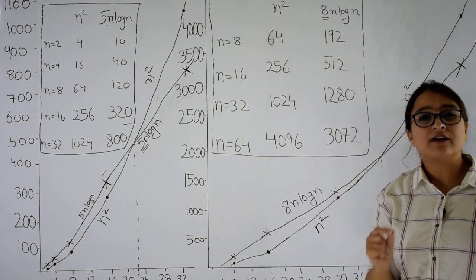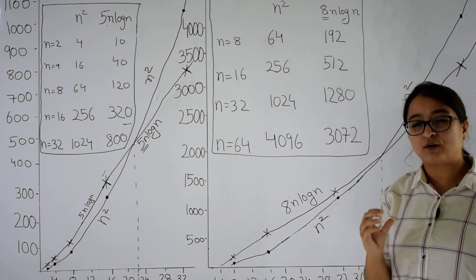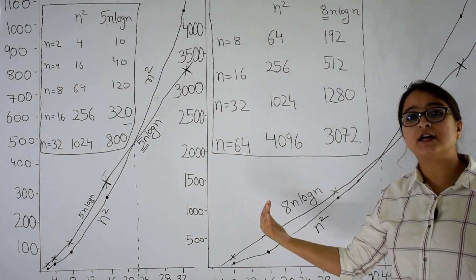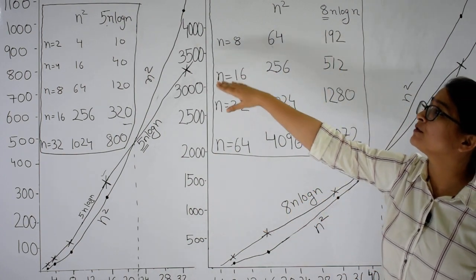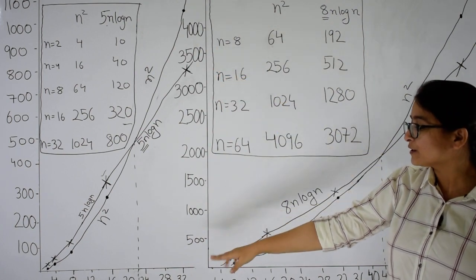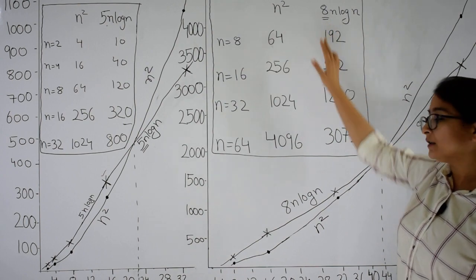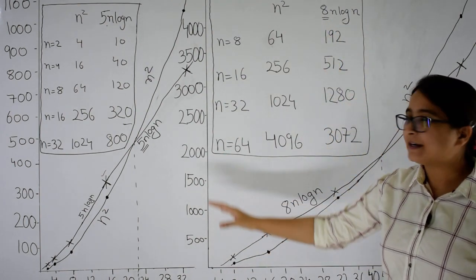Now that particular value of n, after which the functions will start showing their true colors, may differ depending upon the constant. When we have a 5 over here, that was around 22. When we have an 8 over here, this is somewhere around 44. So that depends on what we call n naught.